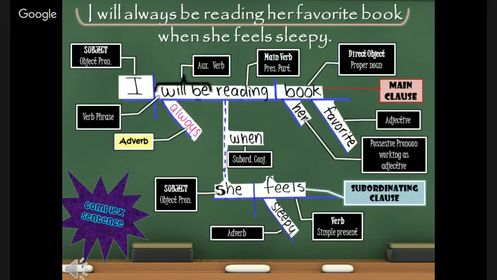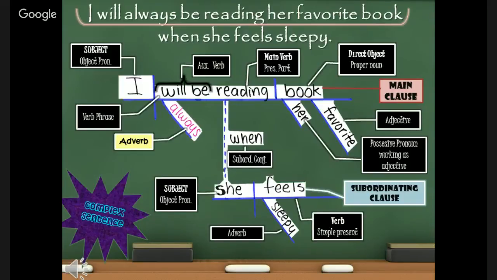Then we have book, that is our direct object, because it answers the question, what will I be reading? A book. Then we have her, that is a possessive pronoun and is functioning as an adjective. And favorite, that is the adjective of the book.